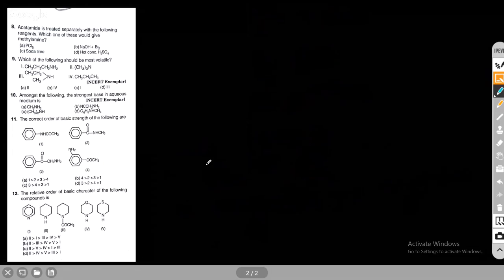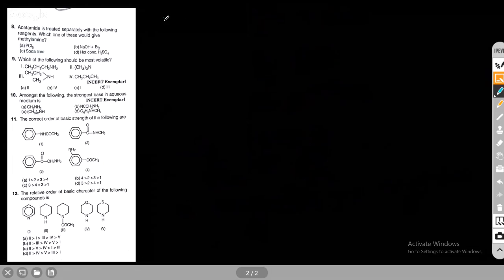Okay, so the eighth one is: acetamide is treated separately with the following reagents. Which one of these would give methylamine? So it's a direct question, right? NaOH with Br2. This is the direct reaction: when you use NaOH and Br2, acetamide, which is CH3CONH2, converts into CH3NH2. The carbon chain will reduce, right?